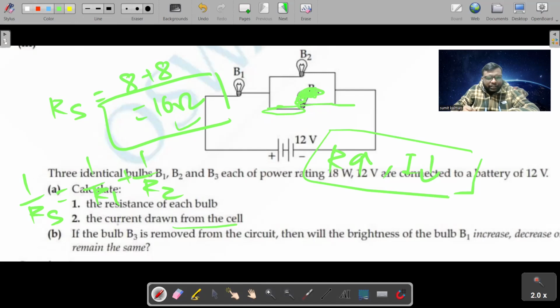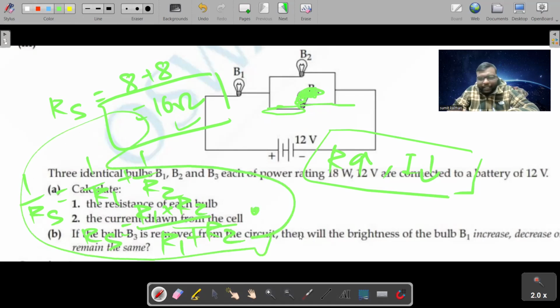In the same way, RS becomes R1 into R2 upon R1 plus R2. So we have to take care of this series and parallel combination. This is very important. Several questions have been asked in your board examination from this.